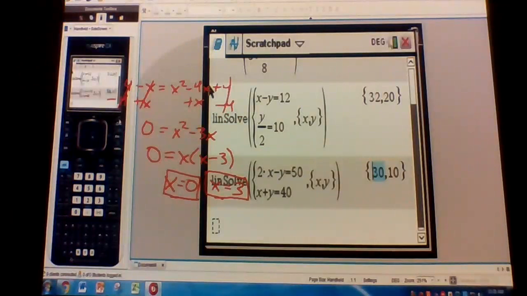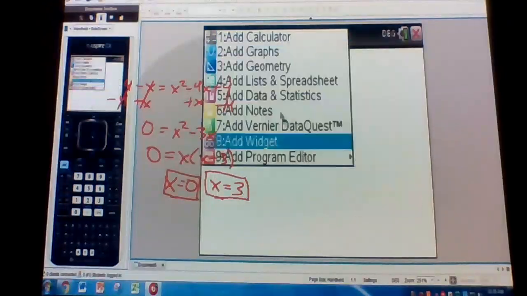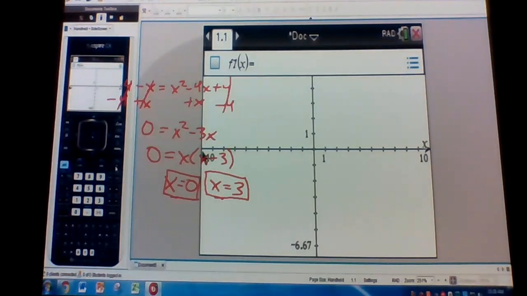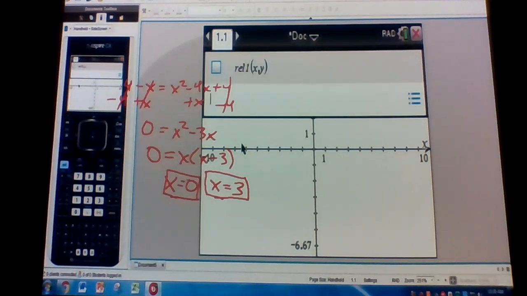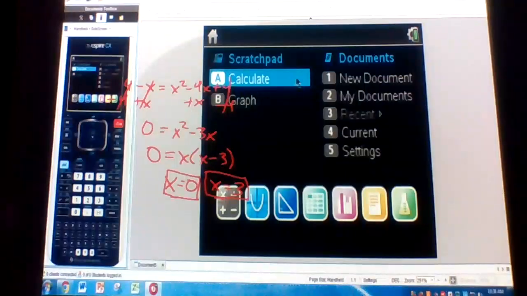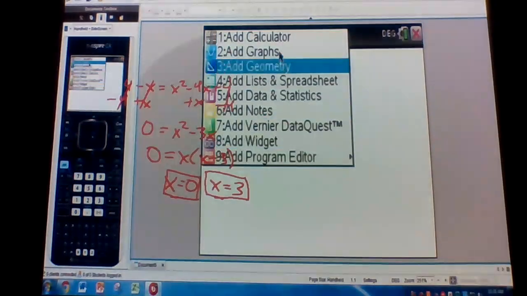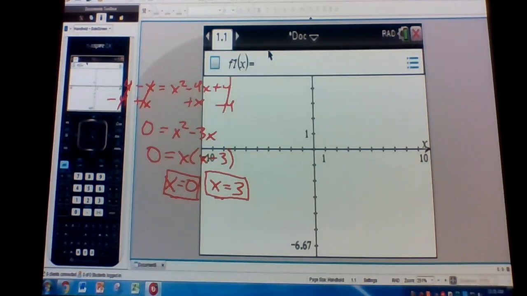Calculator. Graph. Again, it would just be the relation. So we want to find the x-intercept of x squared minus 3x.